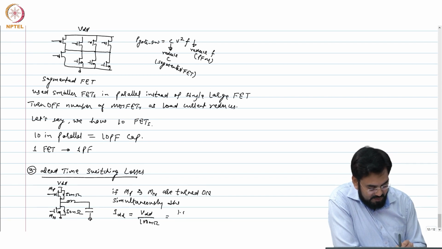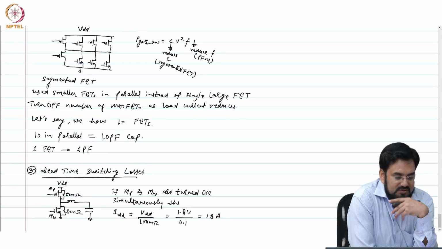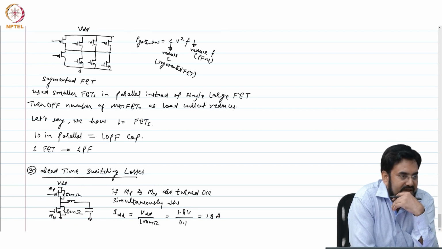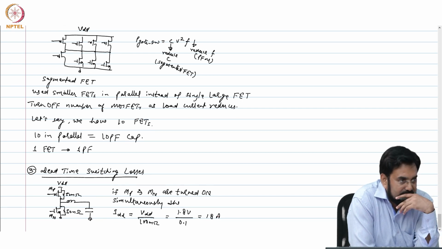So if this is 1.8 volt, how much? 18 amps. Okay, and you have sized this to drive maybe 1 amp or 2 amp. So 10 times more current, it will break your power stage. It will damage your metals, it will damage your FETs, everything.